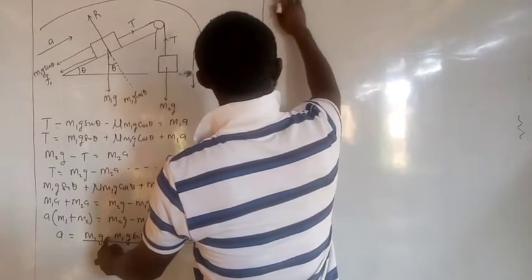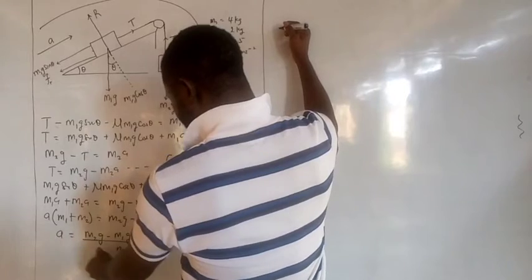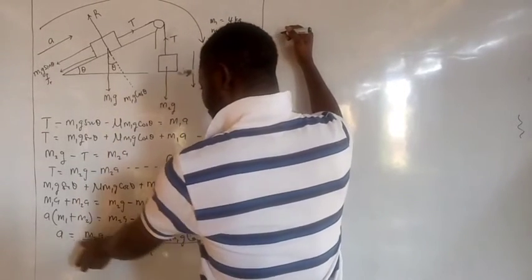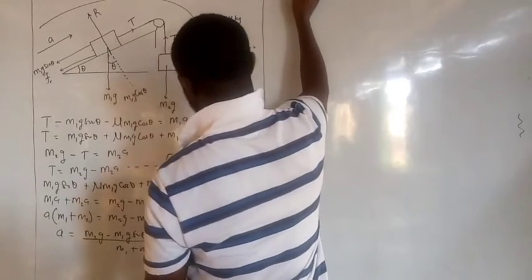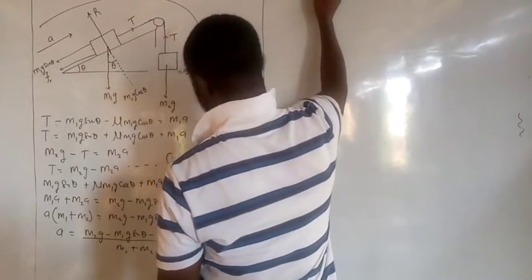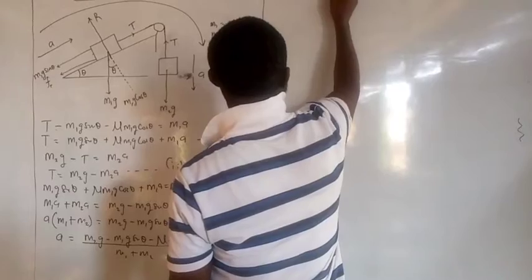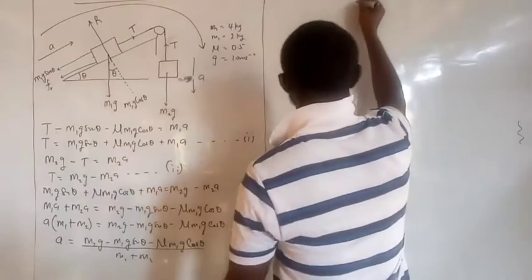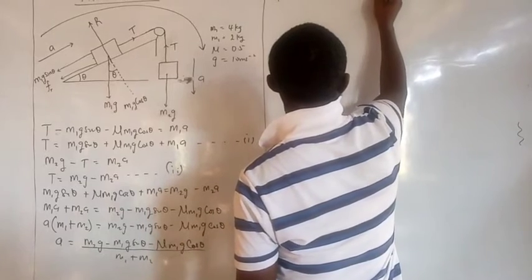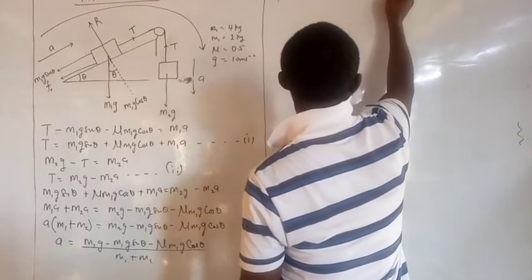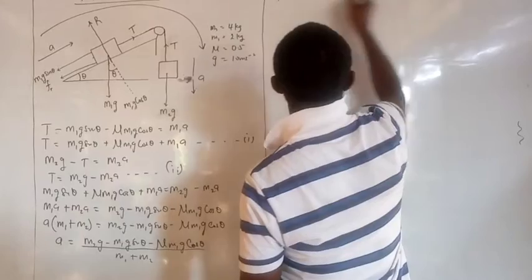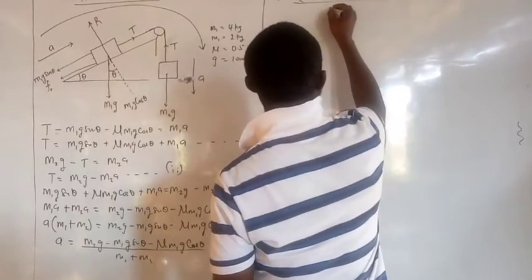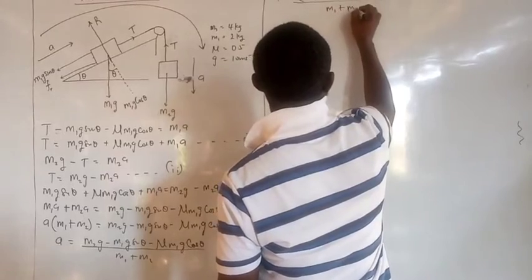Okay, we can write this formula in a better way. Since we have G here, we have G here, we equally have G here. Why can't we just write A is equal to M2 minus M1 sin theta minus mu M1 cos theta, all into bracket G, then divided by M1 plus M2.